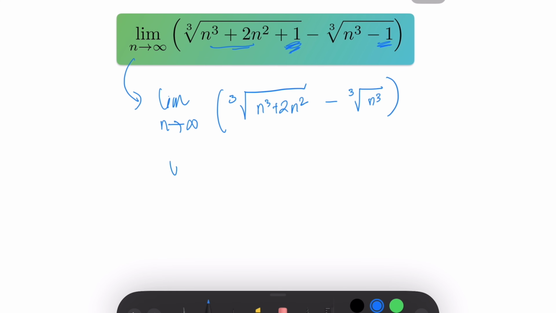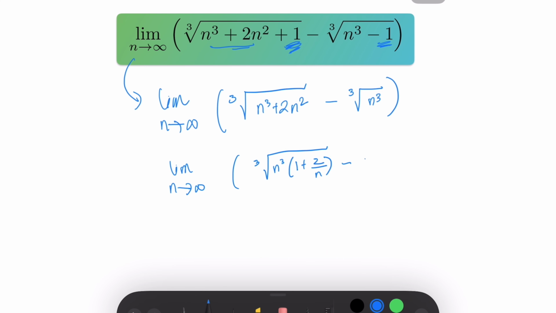We can simplify this by factoring out the n cubed, taking it out of the radical. Note that if we factor out the n cubed, the first term should be n cubed times 1 plus 2 over n.